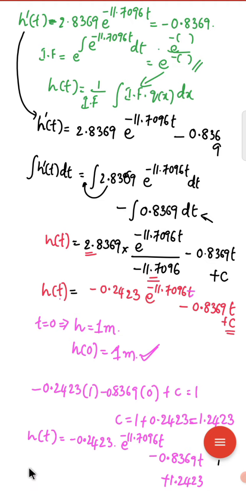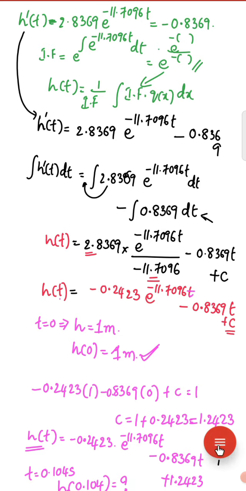Now the maximum height that can be reached by the ball is when the time t is 0.104 seconds. So find h of 0.104. Then you will get the maximum height.